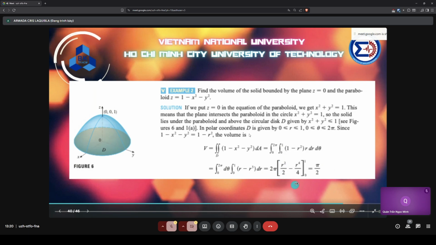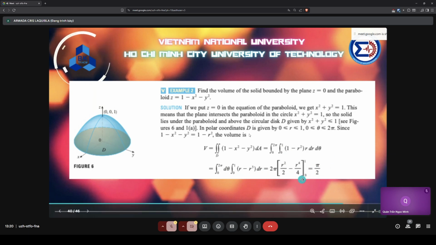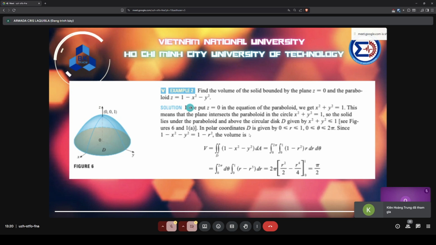So 1 half minus 1/4, it's 1/4, times 2 pi, it becomes pi over 2. And this is now your volume, bounded by the two curves z equals 0 and z is equal to 1 minus x squared minus y squared.